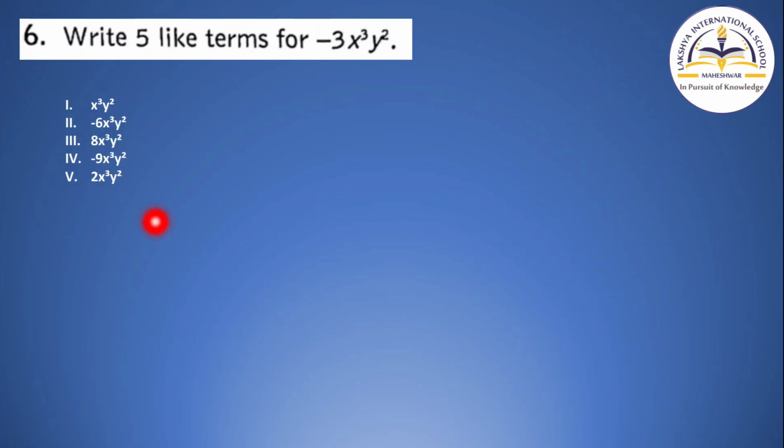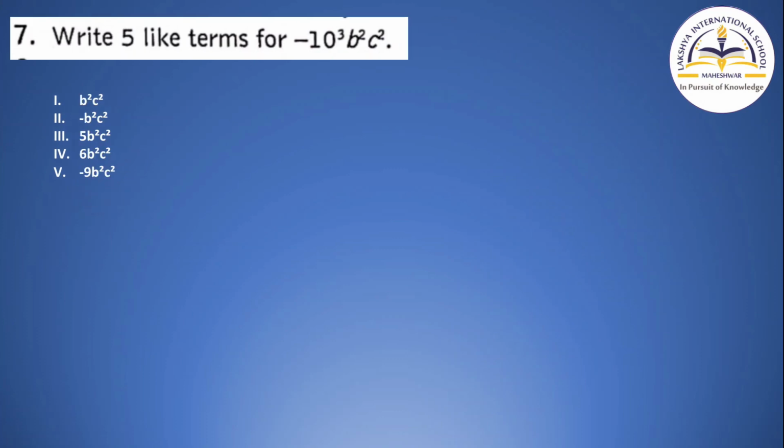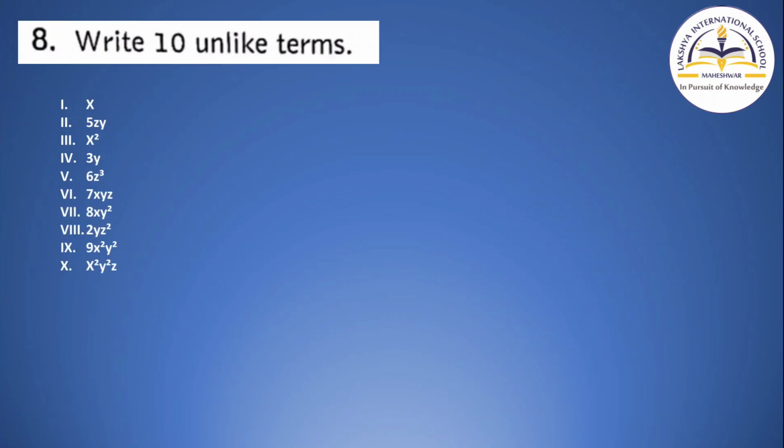You can write x cube y square directly also with minus 6, any number, 8x cube y square, 2x cube y square. Now question number 7, write 5 like terms for minus 10a cube b square c square. So b square c square, minus b square c square also, 2b square c square you can write also, 3b square c square also you can write.